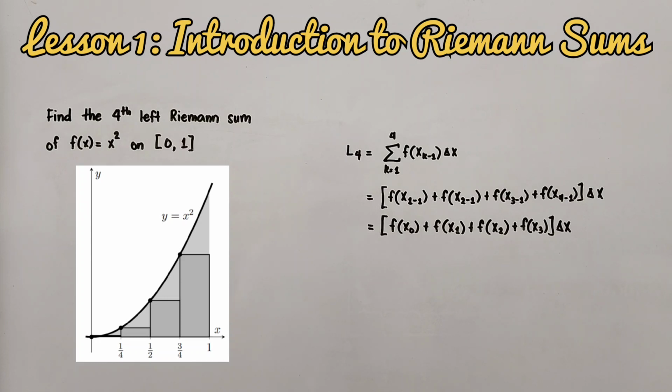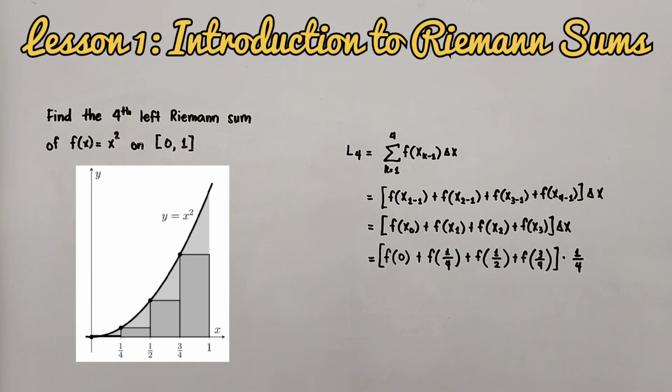And we have the sum of f of x sub 0, f of x sub 1, f of x sub 2, and f of x sub 3 times the step size. Since x sub 0 is 0, we have f of 0. x sub 1 is 1/4, so we have f of 1/4. x sub 2 is 1/2, so we have f of 1/2. And f of 3/4 for x sub 3. The step size is 1/4.